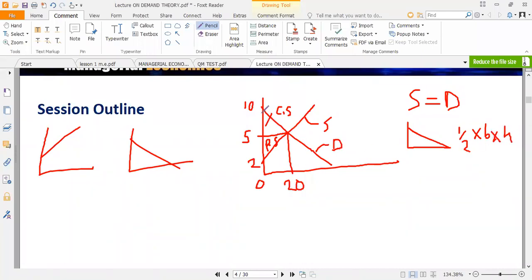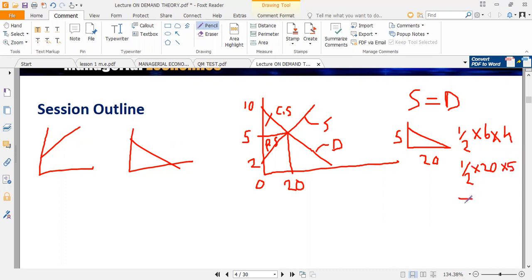So if we're going to recalculate this triangle here and extract it, the distance from here to here is 5. The distance from here to here is 20. So if we're going to do the area of this triangle, half times base times height, our base is 20 and our height is 5.